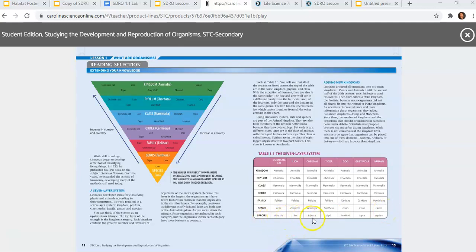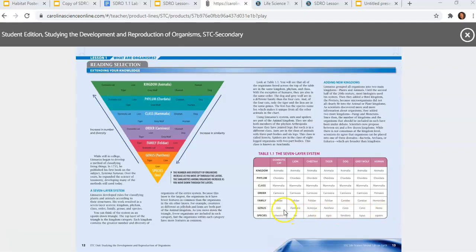And then if you look at the species level, they have nothing in common. They're all in different species. That's because these are different organisms. The domestic cat is not exactly the same as a lion, and the domestic cat's not exactly the same as the cheetah, and so forth. None of these are exactly the same. They are separate individual species.